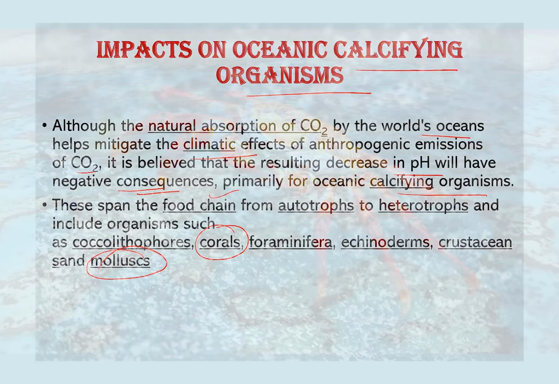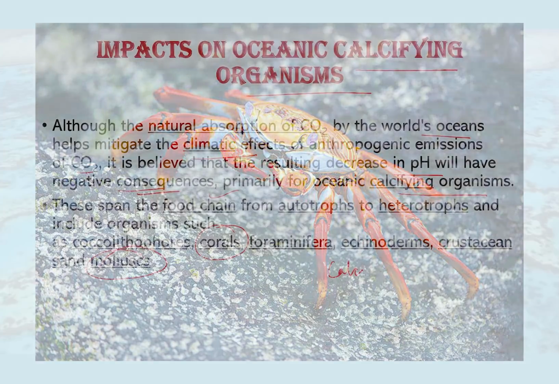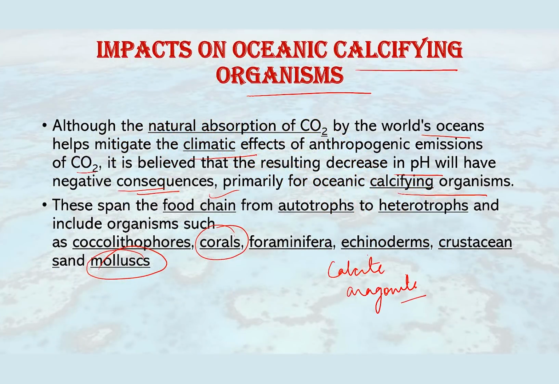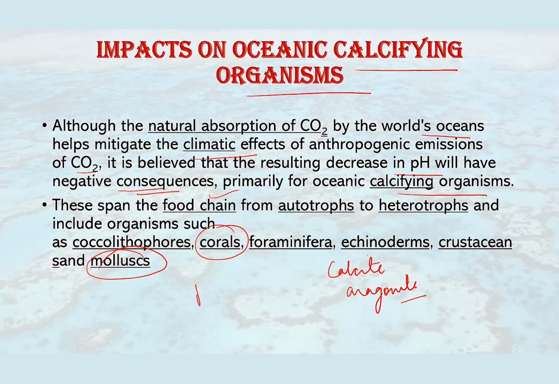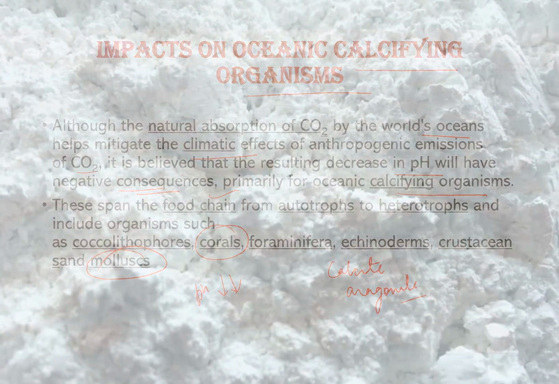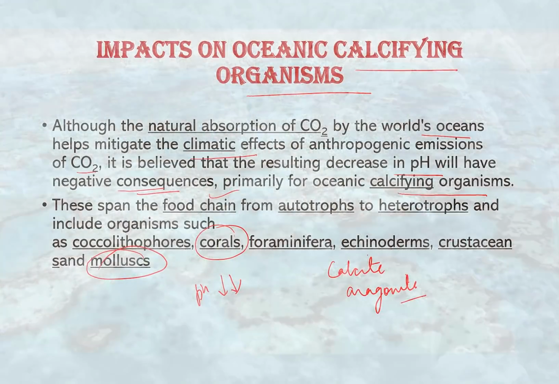So as I explained, under the normal conditions, what happens? The calcite and aragonite are stable in surface waters since the carbonate ion is at supersaturating concentrations. However, as the ocean's pH falls, the concentration of carbonate ions required for saturation to occur increases, and when carbonate becomes undersaturated, structures made of calcium carbonate are vulnerable to dissolution.